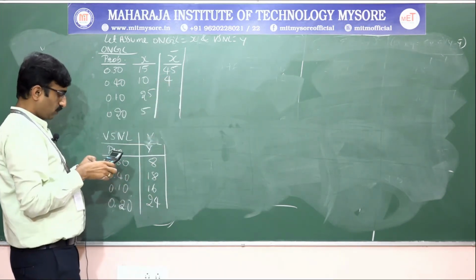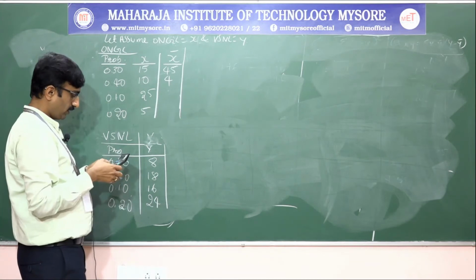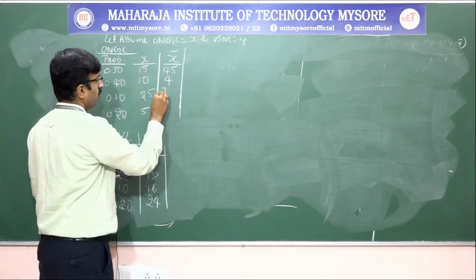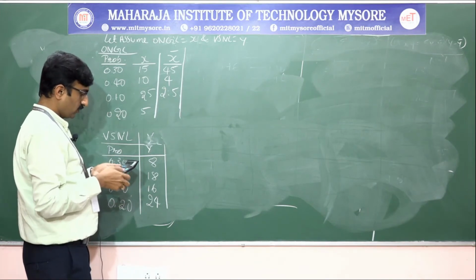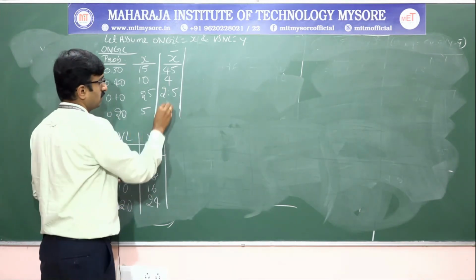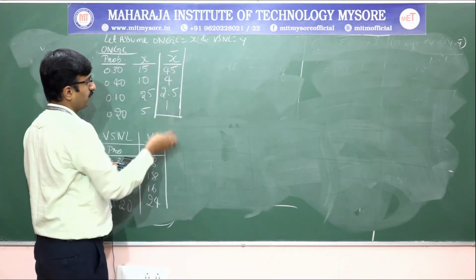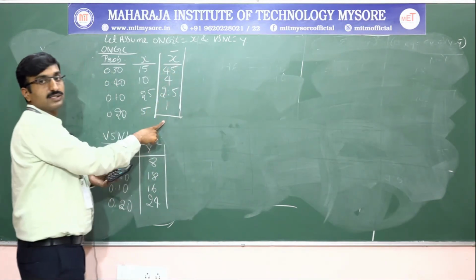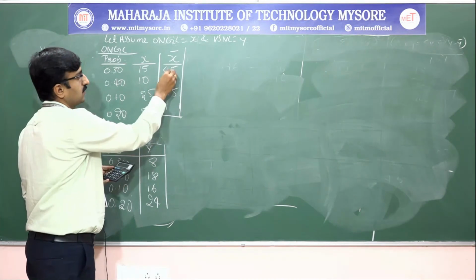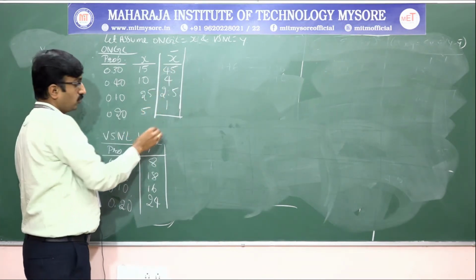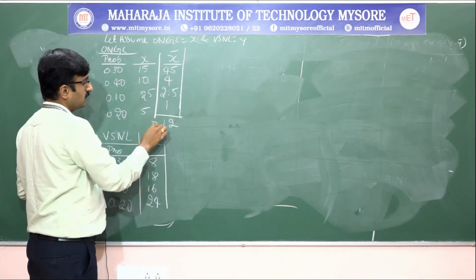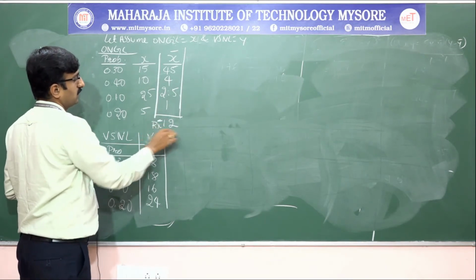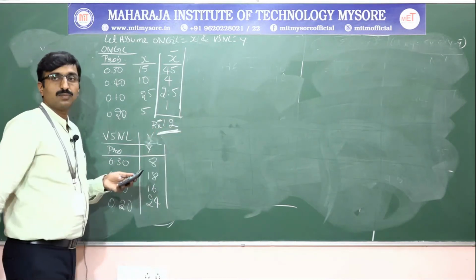Then 0.10 into 25, it is 2.5. Then 5 into 0.2, it is 1. Total of this, how much will you get? You are going to get 12. This is called Rx bar.